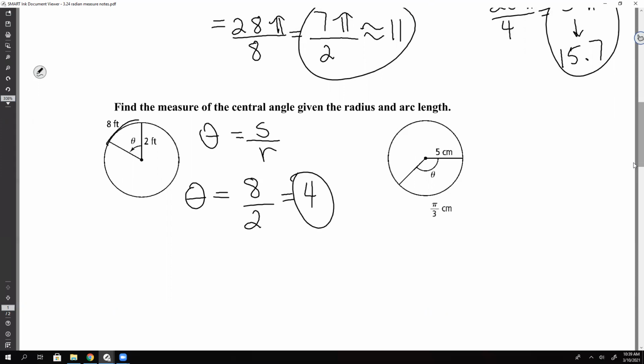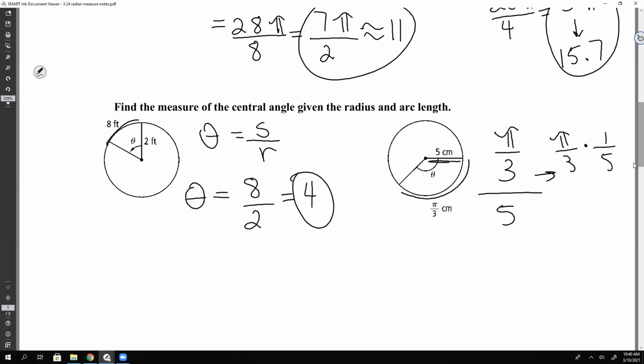Okay, next one. We have here the arc length is pi over 3, and then our radius is 5. So we do pi over 3 divided by 5. Now, what you have to do here, you see we have a fraction on top, and then it's part of a bigger fraction. What's going on here is we have pi over 3 times 1/5.